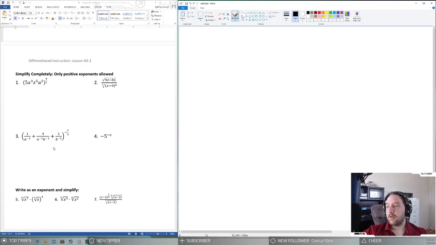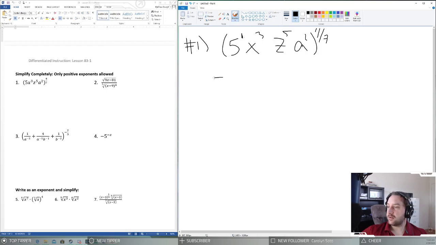So on number 1, this is the power rule. The power rule just says if you take an exponent to an exponent, you multiply the exponents together. So this 5 to the first, so it's 1 times 4/7. So you're going to get 5 to the 4/7.